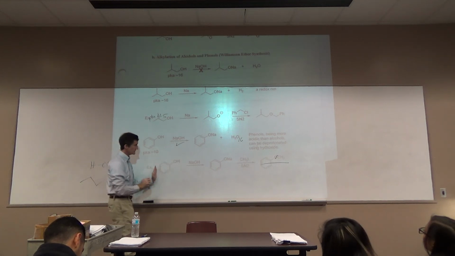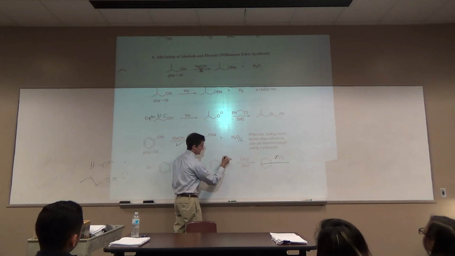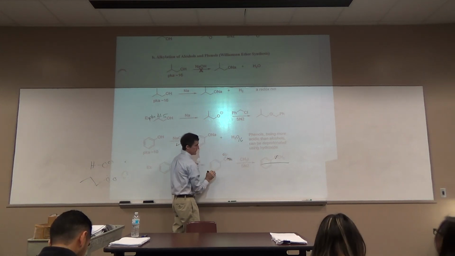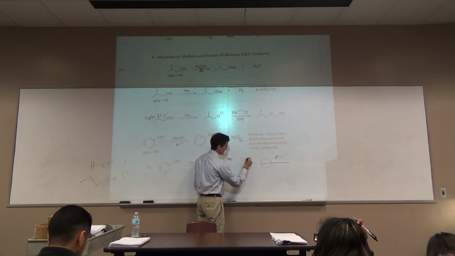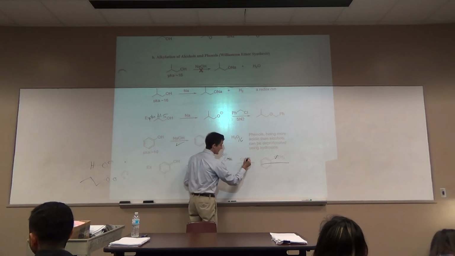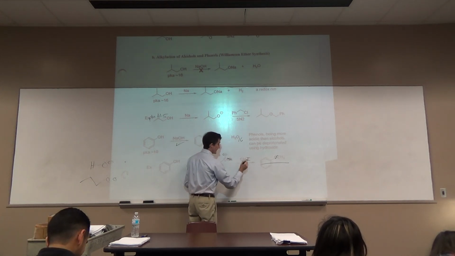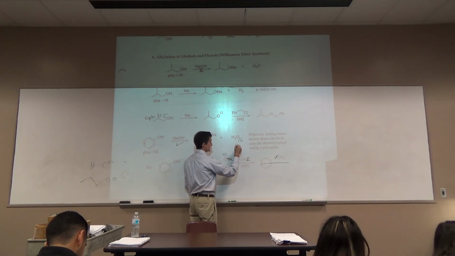So we can do a reaction like this. Add hydroxide, make the phenoxide, throw in something like methyl iodide. That's an iodide right there, not an L. Very toxic. Why is methyl iodide so toxic?